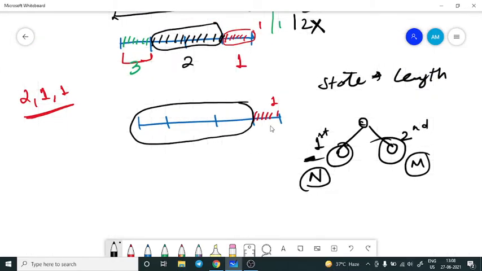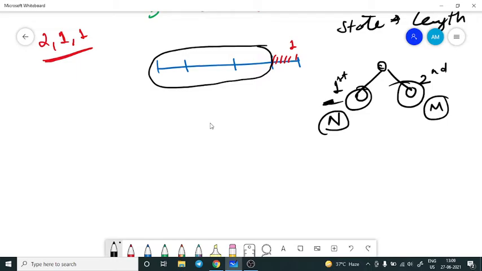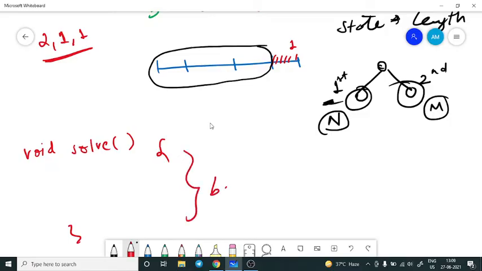Why recursive? As I have told earlier many times, suppose I have a recursive function, let us name it solve, and this is its body, some code written out here. The property of this recursive function remains the same, that is, the value it returns would be the same. Suppose for this entire length n, the behavior of this recursive function was to return the maximum number of cuts.